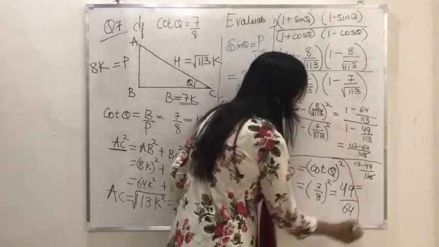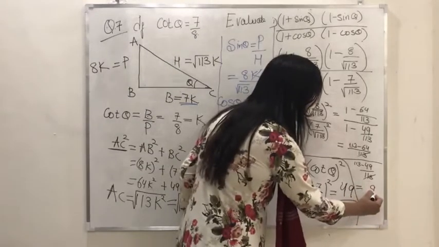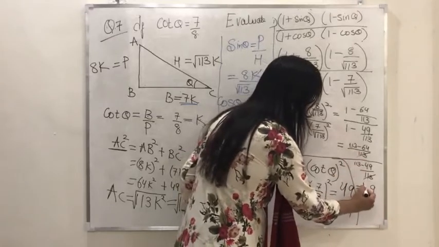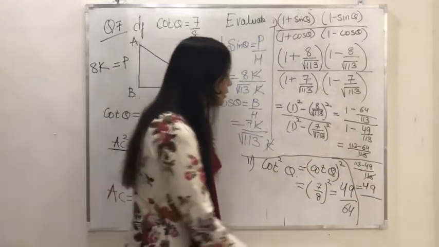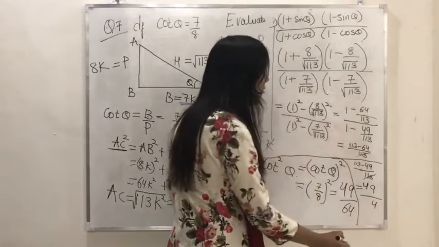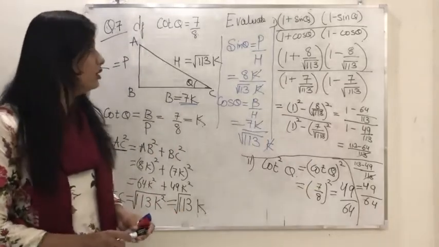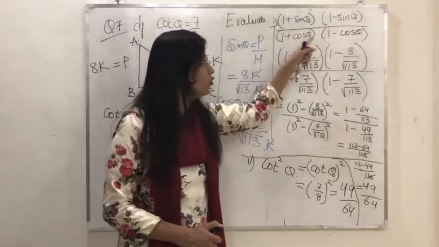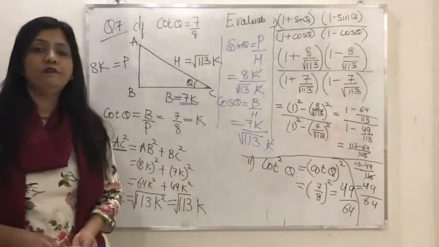So 113 minus 64 will be 49, and then you will get 64 upon 113 minus 49. So the answer will be 49 upon 64. The value of 1 plus sin theta, 1 minus sin theta, 1 plus cos theta, 1 minus cos theta will be 49 upon 64.